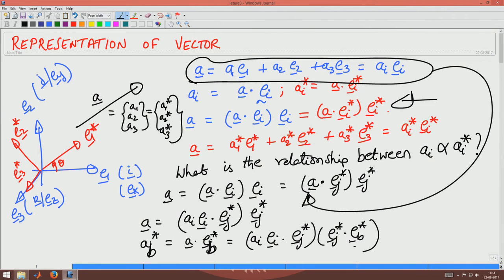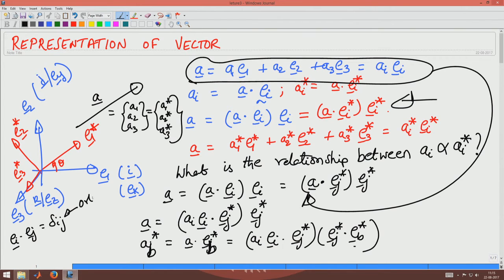Now, what do I know? I know that Ei dotted with Ej will be the Kronecker delta, delta ij, right? From what we defined for the Kronecker delta in the previous class, it will be 0 if i is not equal to j and 1 if i equals j. What does this mean?